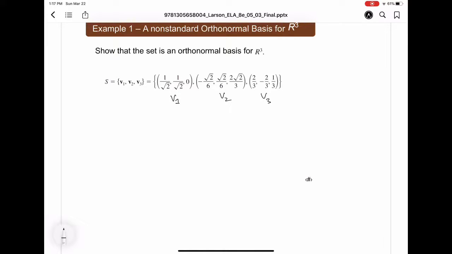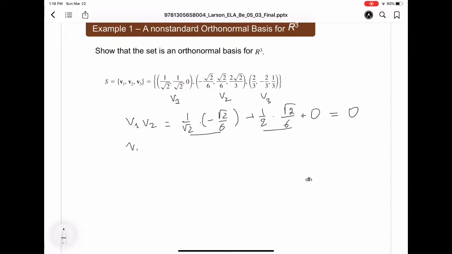If we don't say anything about a new inner product, we suppose we have the dot product. So you consider the dot product of v1 and v2. What is that? You get 1 over square root of 2 times negative square root of 2 over 6, plus 1 over 2 times square root of 2 over 6, and then plus 0. You can see these terms differ only in sign, so they cancel out. You get 0 here.